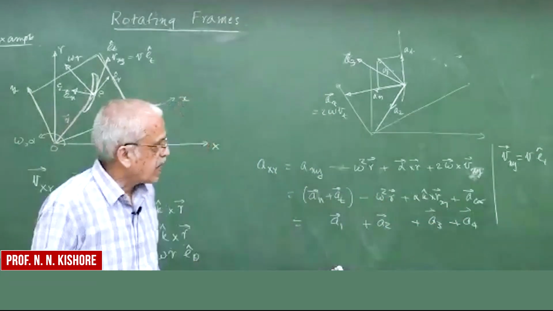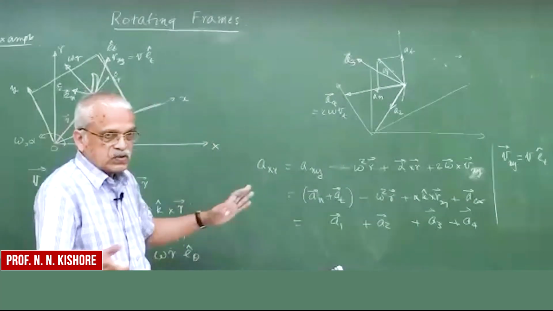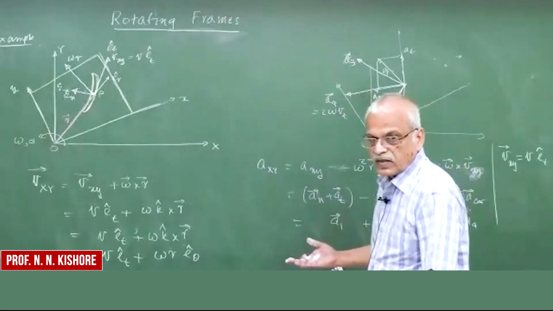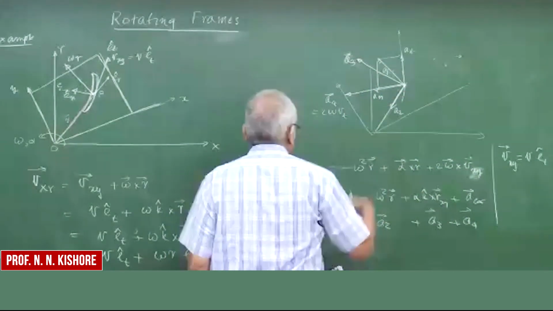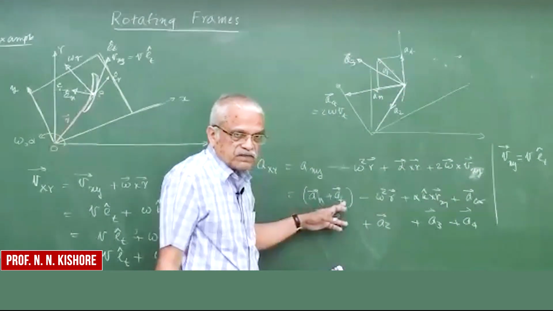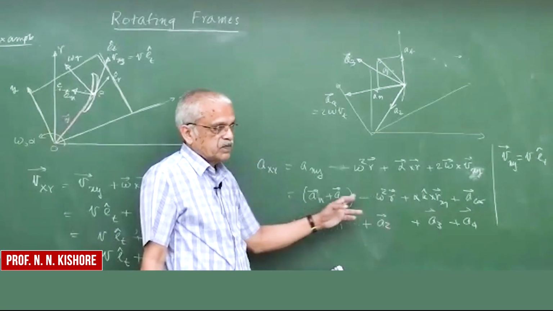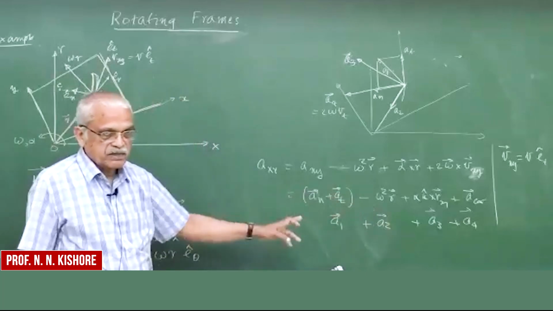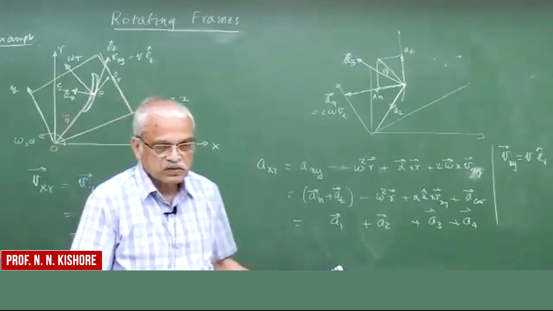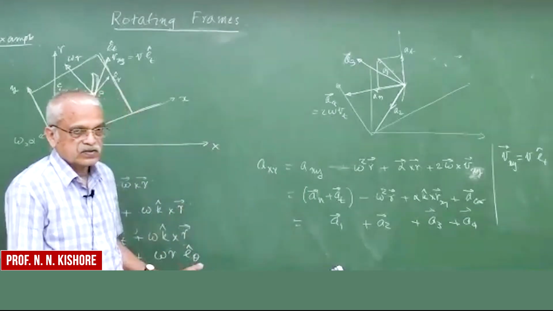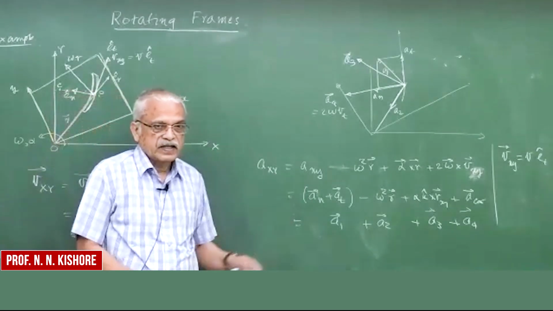Now we can also give the vectorial notation for each one of them. I will take up two small numerical examples tomorrow and explain all these things with respect to them.